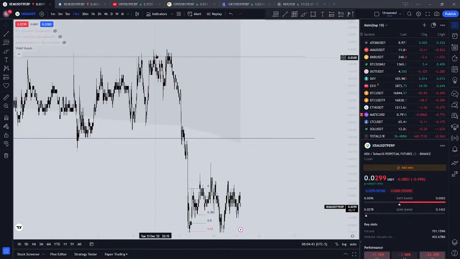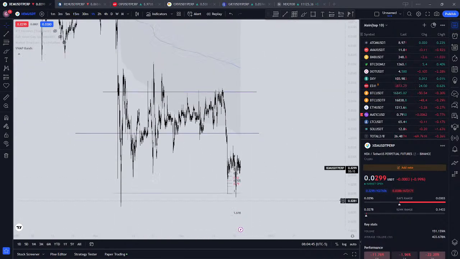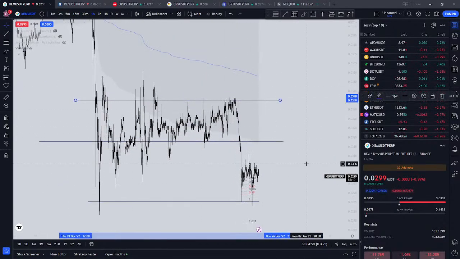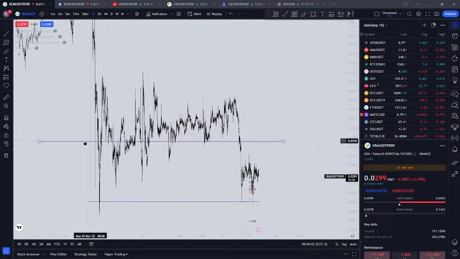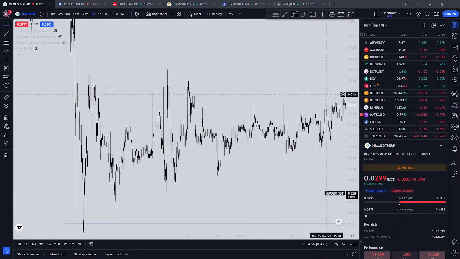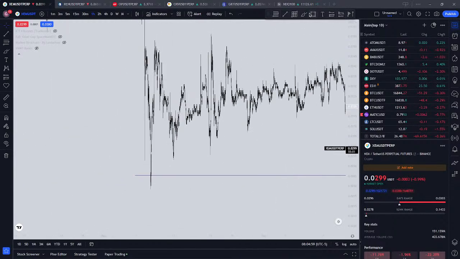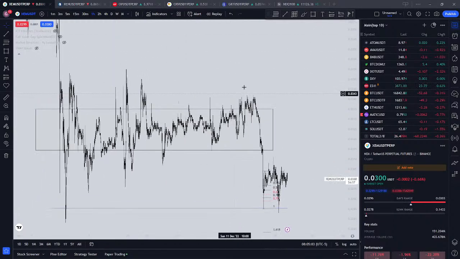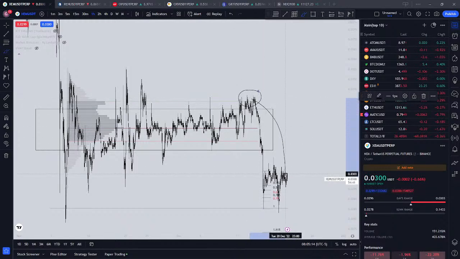But I still think it might be setting up for a nice long here. If you observe, you have your range. It's arguably not very clean consolidation here, but you have some sort of a range in this area. So let's just do that for now. And if you trace volume, yeah, you can see that price went to your value area high first and then dipped down.